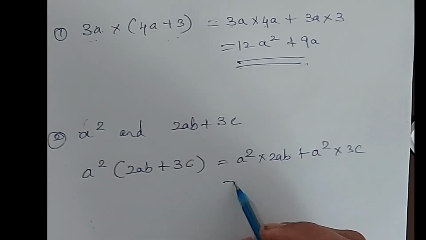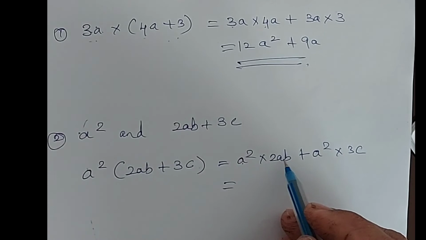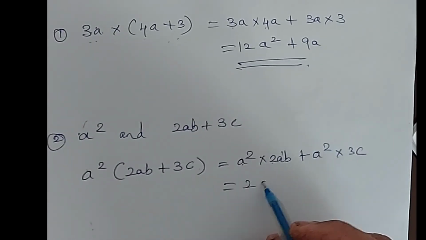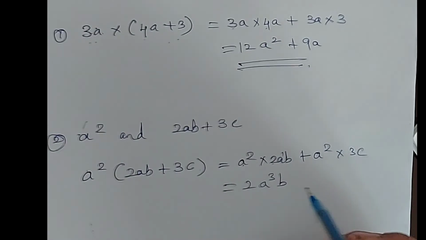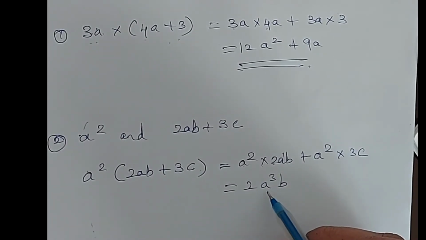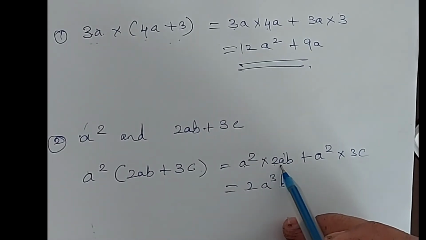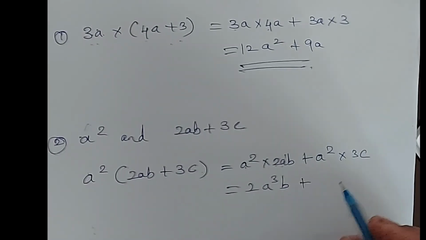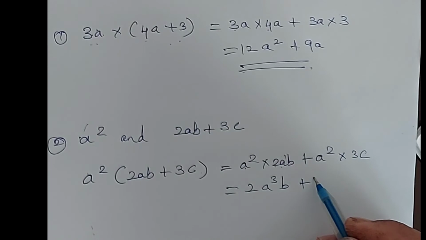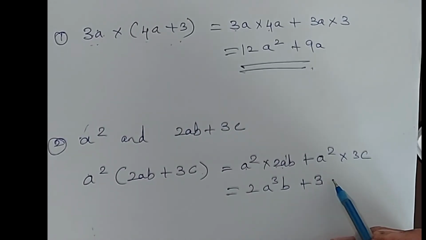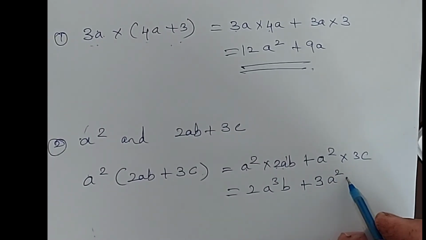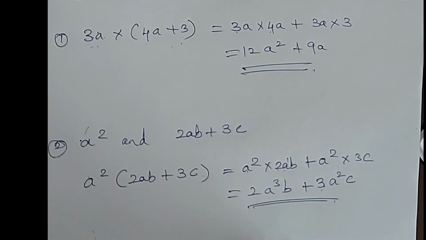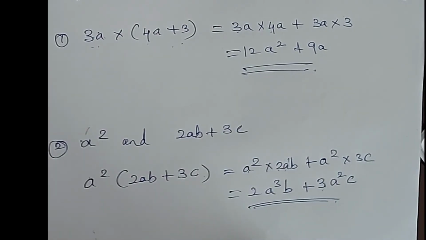Here a squared and a power 1, so we'll get 2a power 3 b. By the law of exponents, the bases are the same, so we add the powers, and we get a cube. Next, a squared into 3c. First we will write the numerical coefficient and then the algebraic expression, so 3a squared c. Do you understand how we have to multiply?